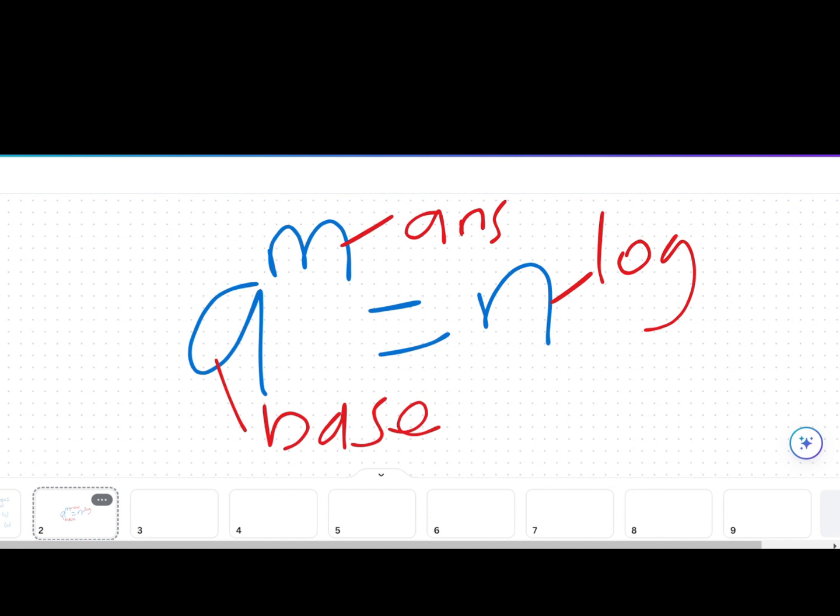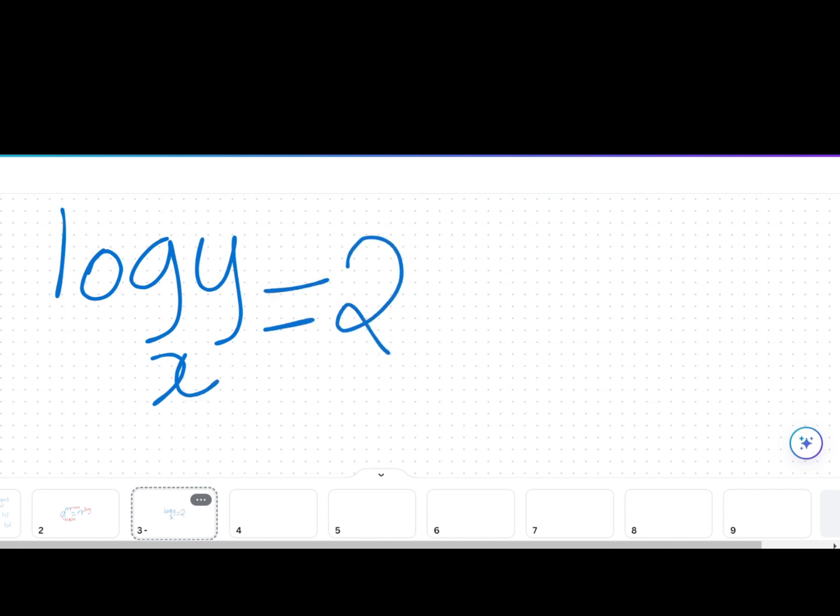Now, in our case we have log y base x is equal to 2, and we are going to write this in index form. As we've seen, the base remains the base, and 2 becomes the power, and the y, which was the log, now becomes the answer.